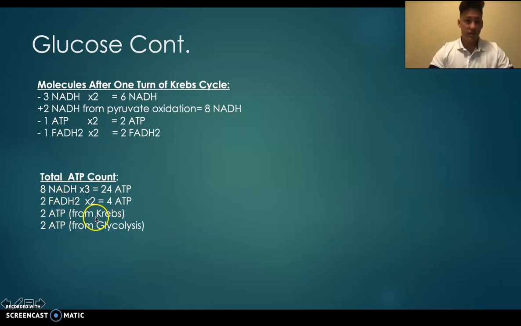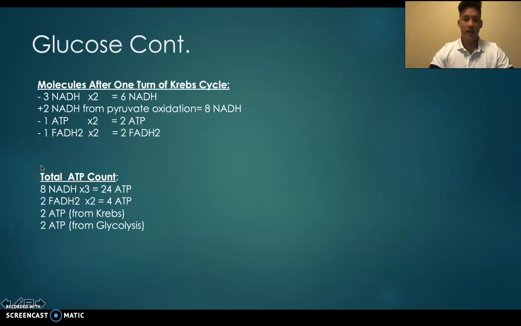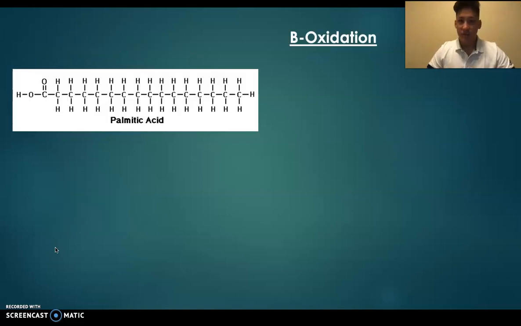Then 2 ATPs from the original Krebs cycle right here, and let's not forget the 2 ATPs we got from glycolysis. So our total would be 24, 28, 30, 32 ATP, our net total ATP from glucose. Let's move on to our palmitic acid. That's going to be through beta oxidation.